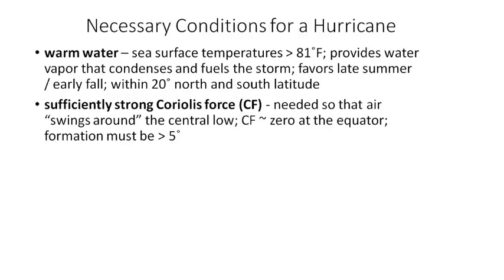I don't know if you remember, but we said that the Coriolis force is 0 at the equator and most noticeable at the poles. So here we have a conundrum, because they need warm water, but you can't get too close to the equator. It needs to be at least 5 degrees on either side of the equator to get enough spin for this weather system to work.